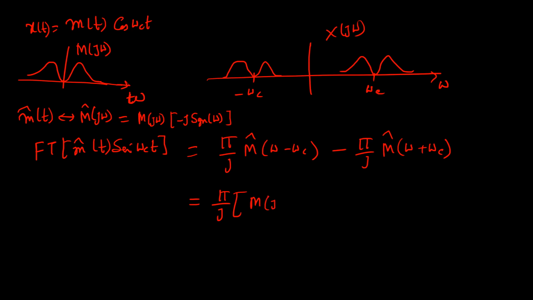For the sake of simplicity, I consider that M(jω) is real, so I will not carry j. So M(ω − ωc), and this is multiplied by minus j signum of (ω − ωc).